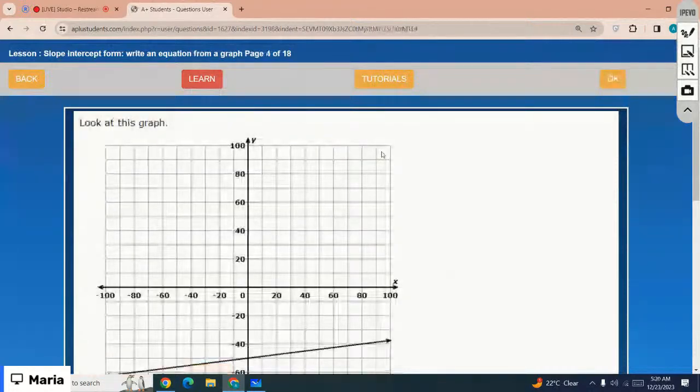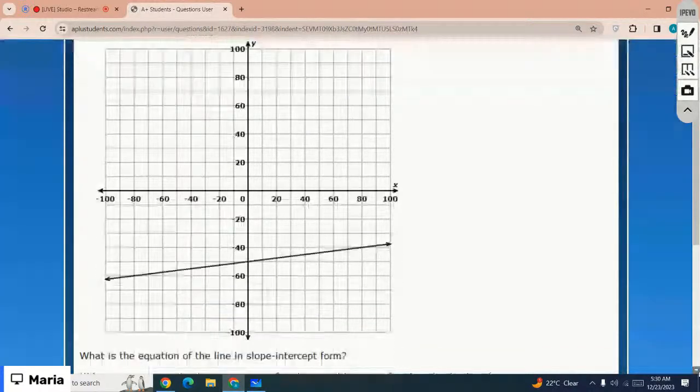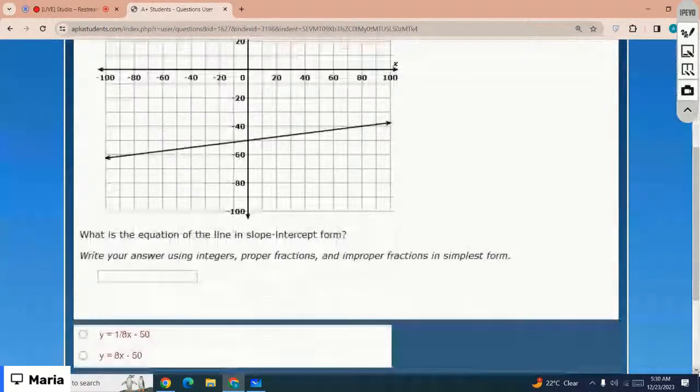Okay, the next one is look at this graph, right? What is the equation of the line in slope intercept form? So which is the correct option?